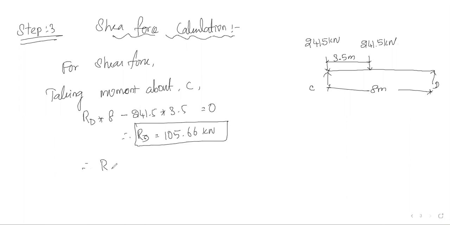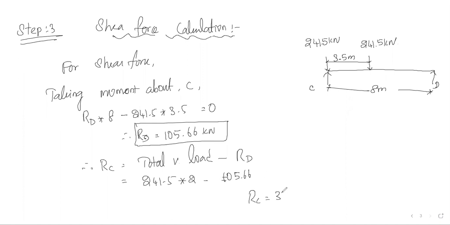Therefore, RC is equal to total vertical load minus RD. So total vertical load, 241.5 into 2 loads, minus RD equal to 105.66. It becomes 377.34 kilonewton. So this is the maximum reaction.